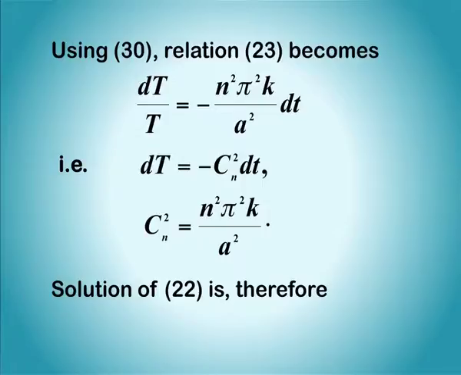Using 30, 23 becomes this equation, where finally C square n will be this, and therefore eventually we get 22 solved as 32 and 33. Rather, 32 is the correct answer, the complete solution, where this capital En which we have included here is this much. We have written En to avoid writing all these rigid quantities, made it short, and later on we have written this.